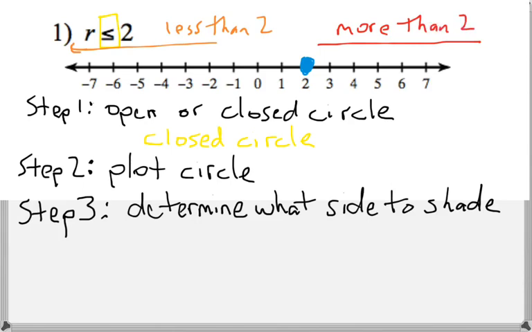So we want to shade all the numbers that are less than 2. That's going to be these guys over here. So we're going to shade this side of our line. And we have our graph of r is less than or equal to 2.